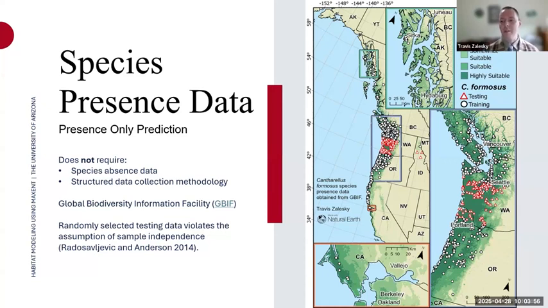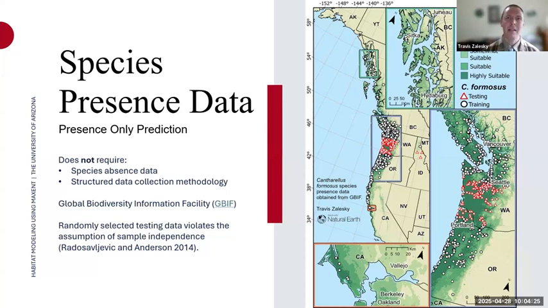This method is so flexible that you can use species presence data haphazardly collected from citizen scientists and uploaded to sites like iNaturalist. I obtained my species presence data from the Global Biodiversity Information Facility, GBIF, which compiles high-quality species presence data from many sources, including iNaturalist.